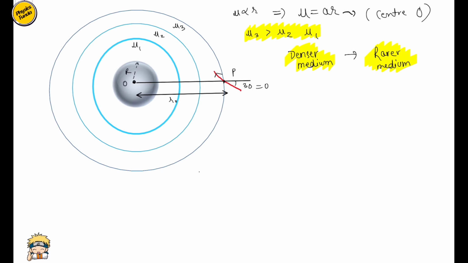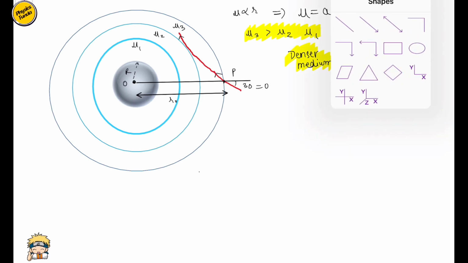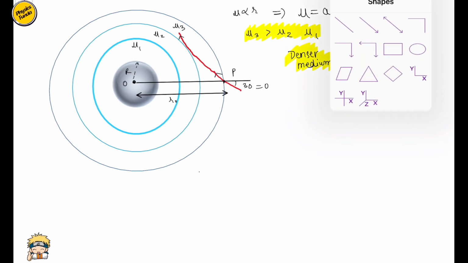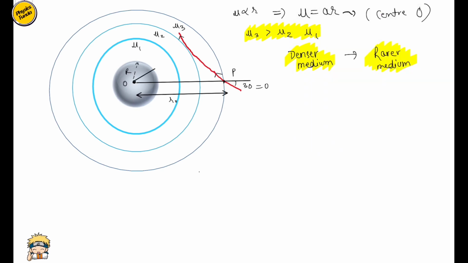At some point in time the laser will reach the critical angle value. At the point when my angle of incidence reaches the critical angle value, my angle of refraction will be equal to 90 degrees.